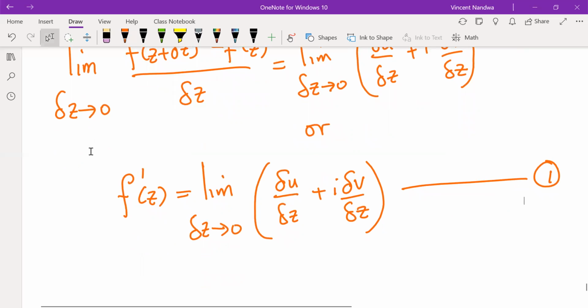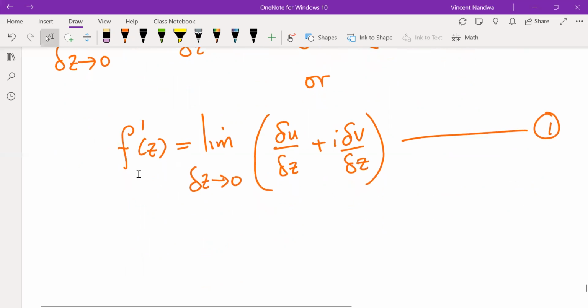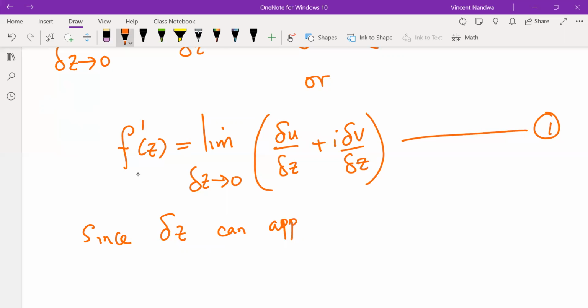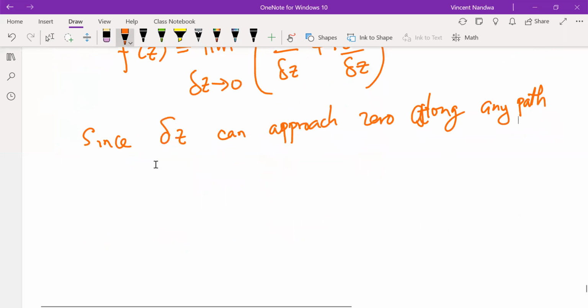Now, delta z can approach 0 along any path. That should be clear. Since delta z can approach 0 along any path, we have two main cases. So let's say along the real axis.